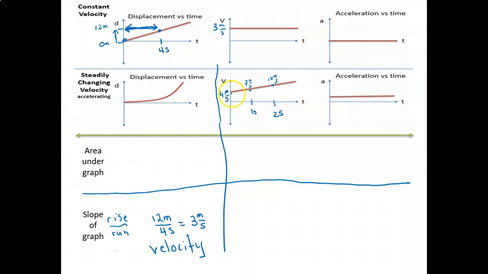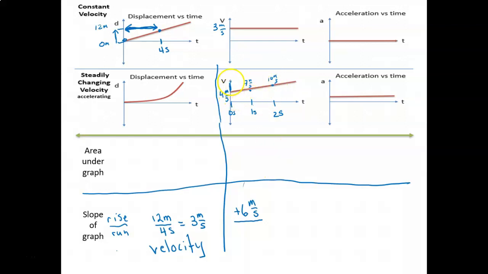Let's say here at 0 seconds. Let's look at our rise. We went from 4 meters per second to 10 meters per second in 2 seconds. Our rise would be our velocity, our y-axis, which increased from 4 meters a second to 10 meters a second, an increase of 6 meters a second.